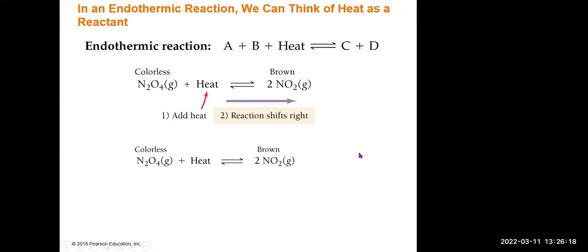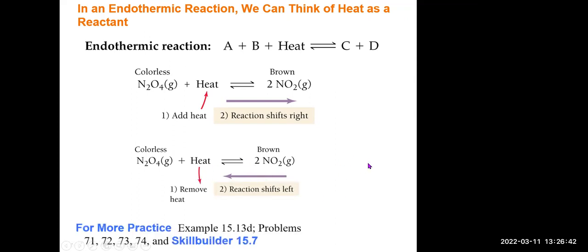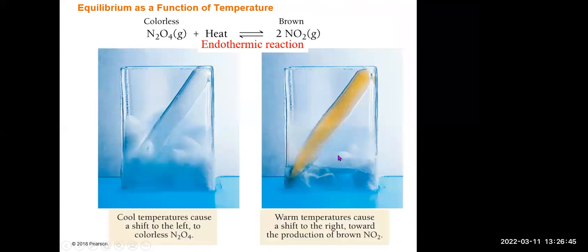And oppositely, if you take heat away by reducing the temperature, you can have this equilibrium in a mixture. You put this mixture maybe in a test tube or a beaker, then you put this test tube in the ice bath. So you take heat away, then it will shift to the left. Then your mixture becomes lighter or kind of colorless. Here is the picture. We see here warm temperature or hot water, and this cold temperature, for this equilibrium, which is endo.